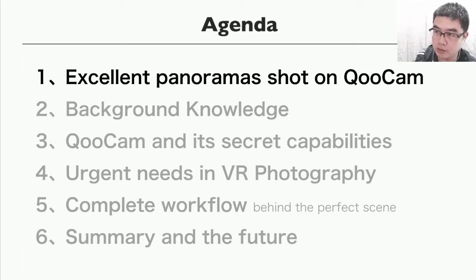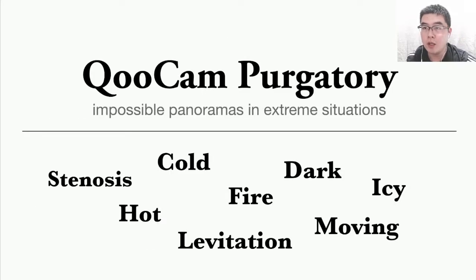We should always see the photos first, right? I will show you a series of QooCam panoramas. I call it the QooCam purgatory. It's like impossible panoramas shot in extreme situations: cold, fire, dark, ice, hot, every situation that seems impossible, but I have tried and succeeded in taking very interesting panoramas.